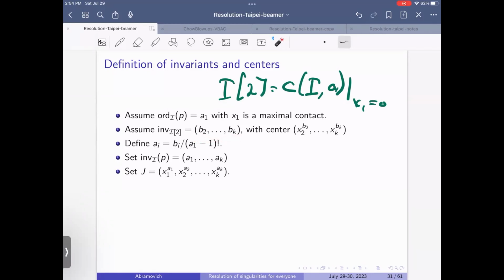So I'm doing something inductive. Assume that the invariant is B2 through BK. And assume that I already defined the corresponding center for this restricted coefficient ideal, x2 to the B2 through xk to the BK. These x's are going to be regular parameters at the point.